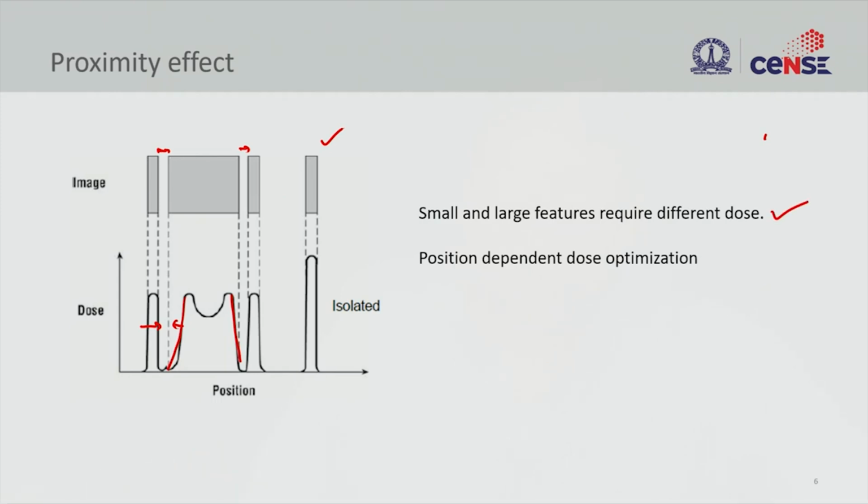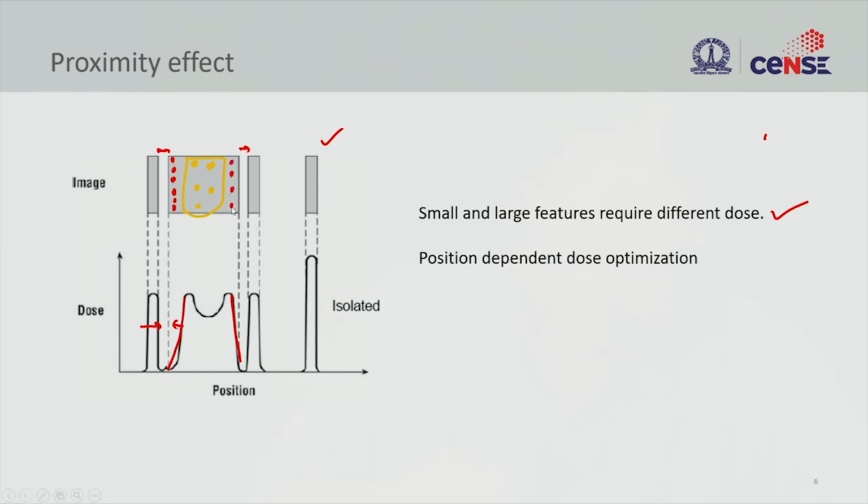So the best way to handle that is to write large features and small features using different doses. In optical lithography you don't have this choice because you do a full illumination, but in this case you are writing. So I can change my energy in these locations compared to what I have inside, and when it comes to the edges I can reduce my energy.